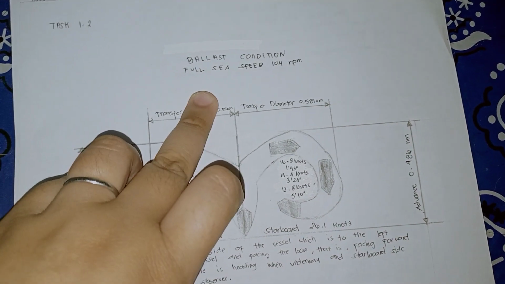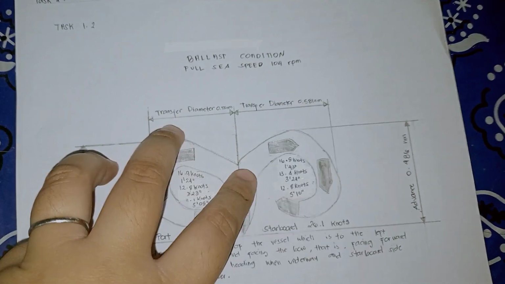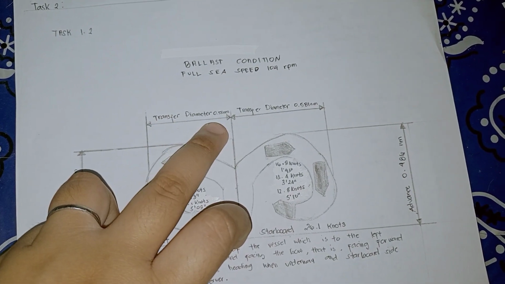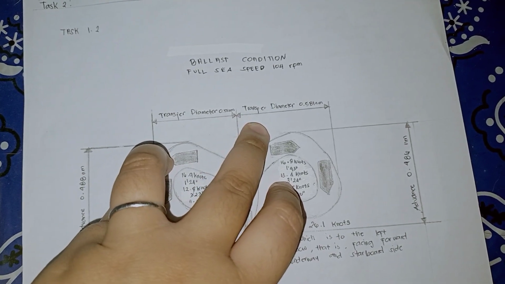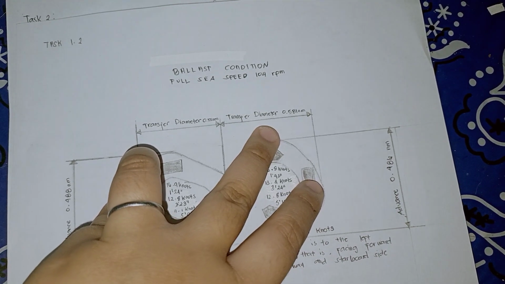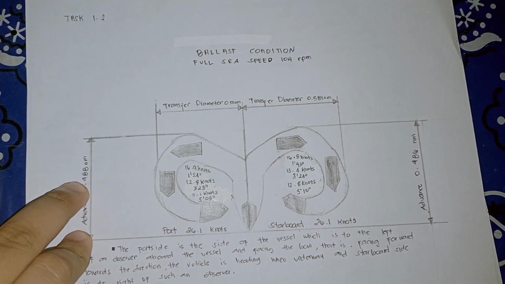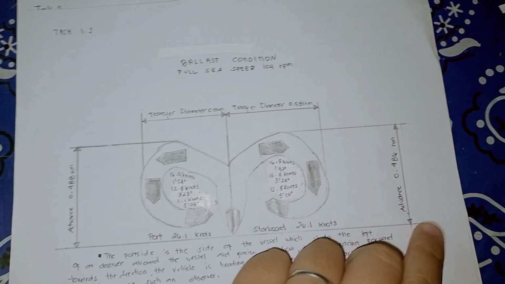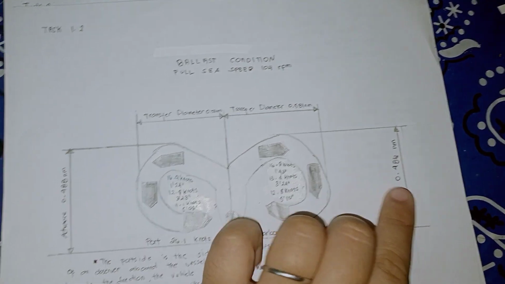So this is our ballast condition, full sea speed, 104 RPM. For our transfer diameter, we have 0.58 nautical miles. For our transfer diameter, we have 0.581 nautical miles. For our advance, we have 0.488 nautical miles, and advance 0.486 nautical miles.